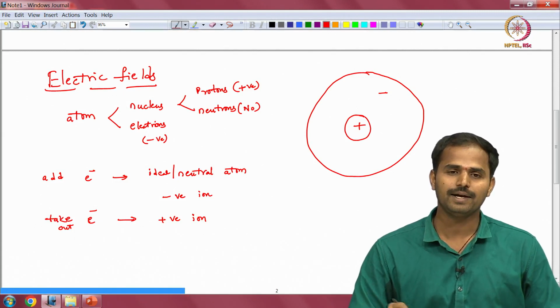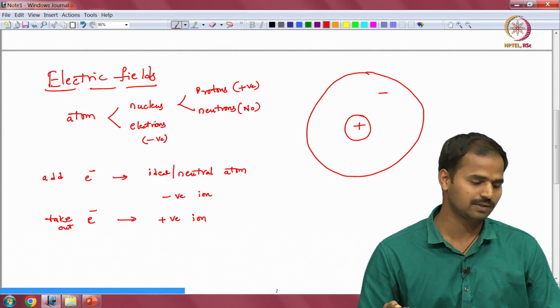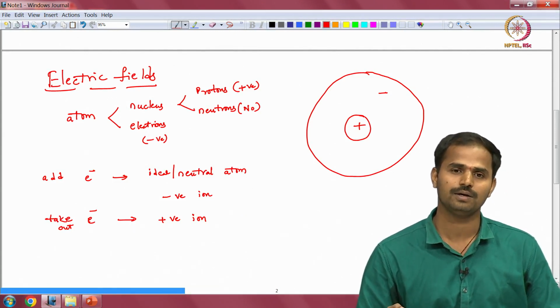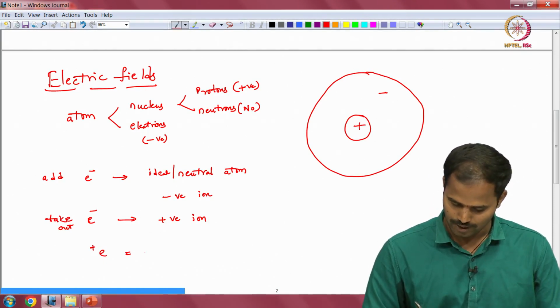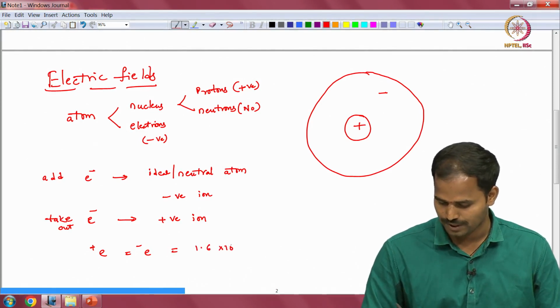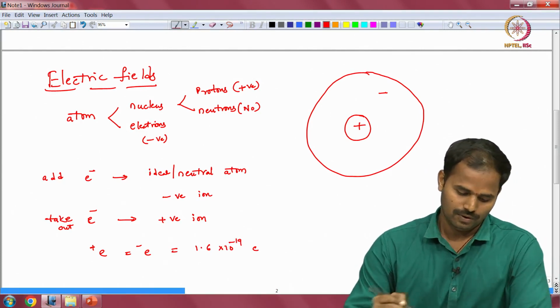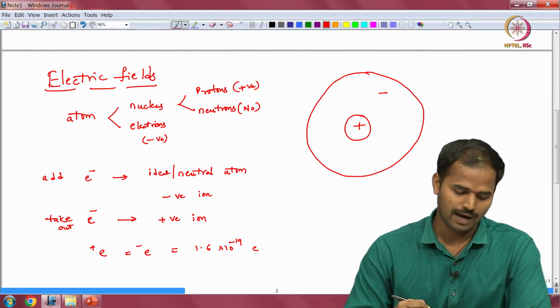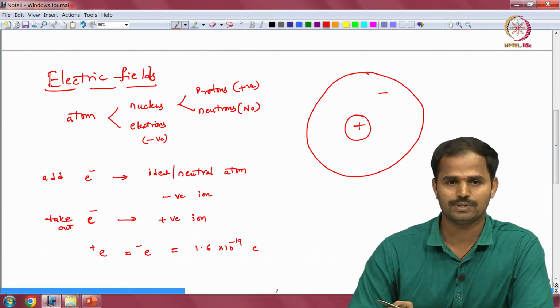The magnitude of the electron charge and the proton charge is equal, and it is equal to 1.6 into 10 power minus 19 Coulomb. So, this is the atom background with respect to positive charges and negative charges.